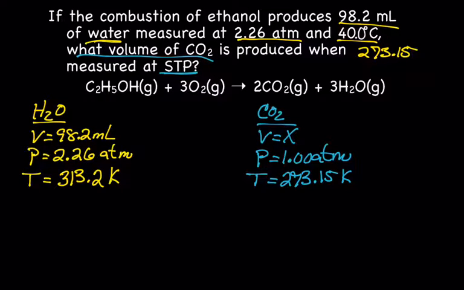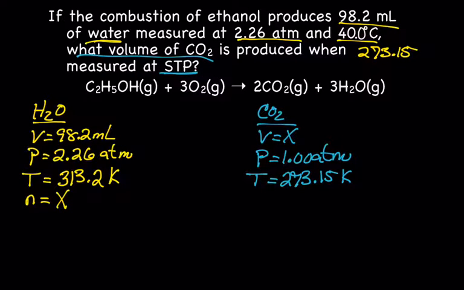We also can't use the ideal gas law, at least for CO2, because we don't know N, and we don't know X. But for H2O, we could use the ideal gas law, making our N X. And what would that do for us? Well, if we know the number of moles of water, we can then use stoichiometry to figure out the moles of carbon dioxide. So let's try that.